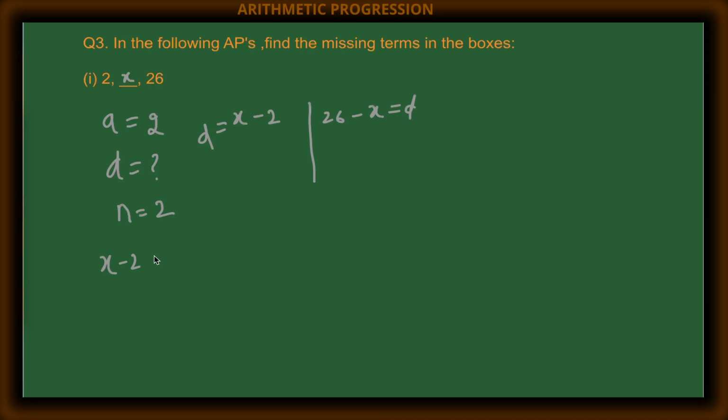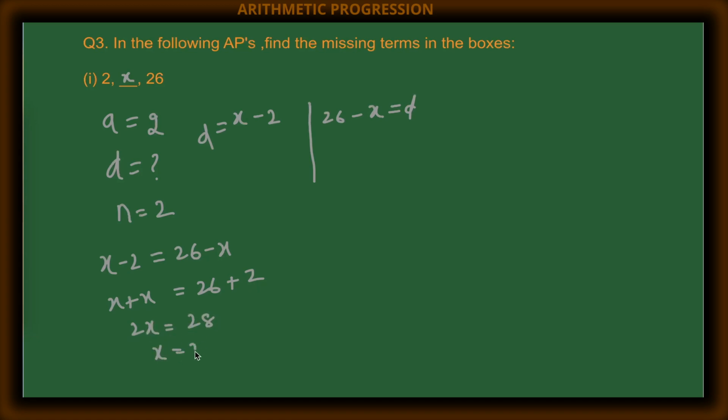When both the D are there, let's equate them. X minus 2 equals 26 minus X. Let's bring this X here, it becomes plus X. Let's bring this minus 2 over this side, it becomes plus 2. This becomes 2X equals 28.